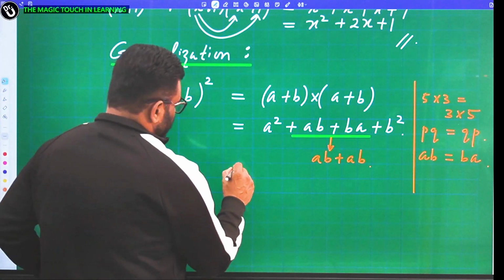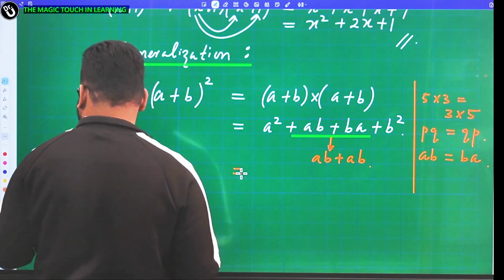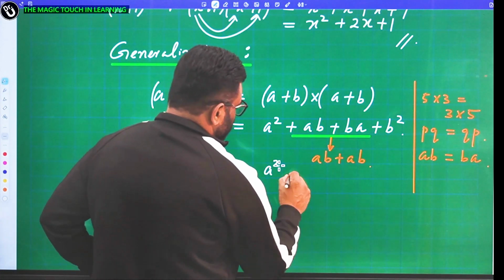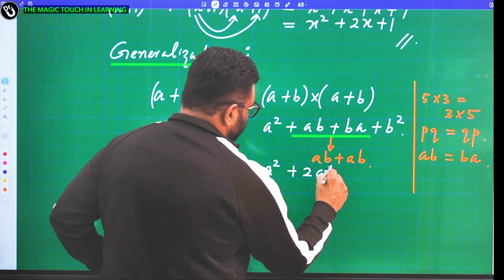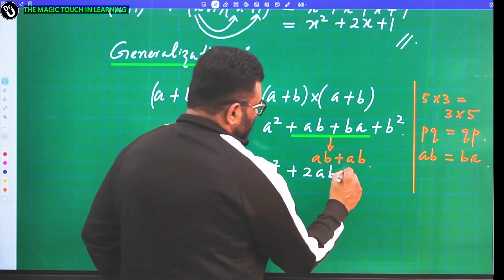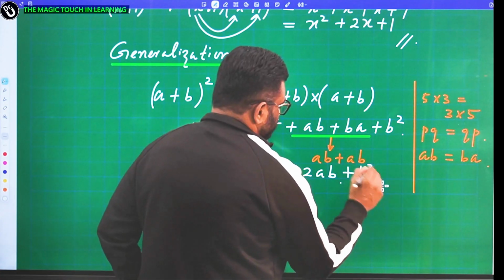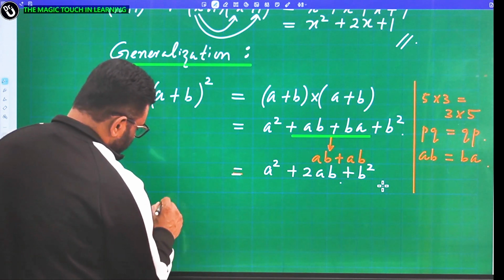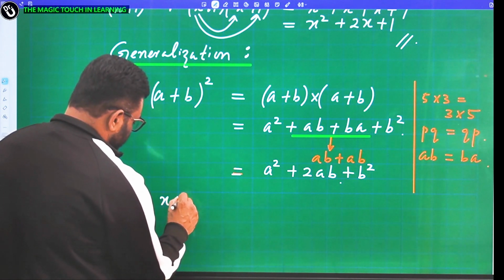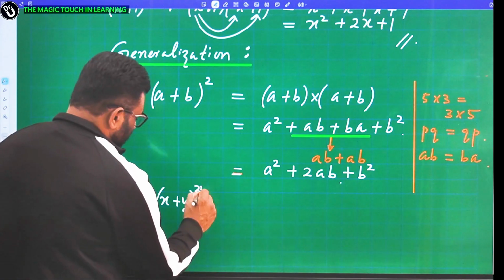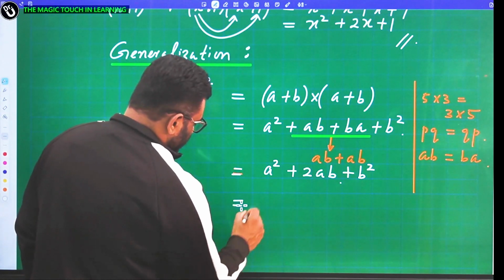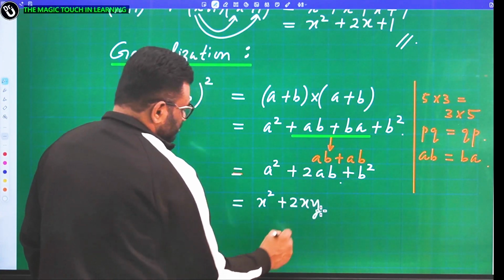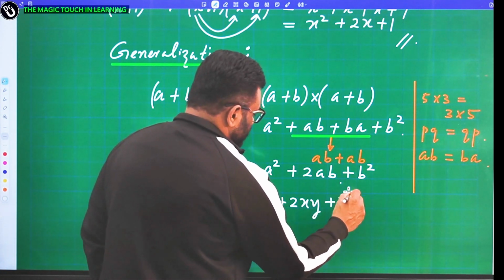Now you can have a squared plus 2ab plus b squared. Moving forward, you have to remember, if you have something like x plus y squared, straight away you should be able to write x squared plus 2xy plus y squared.